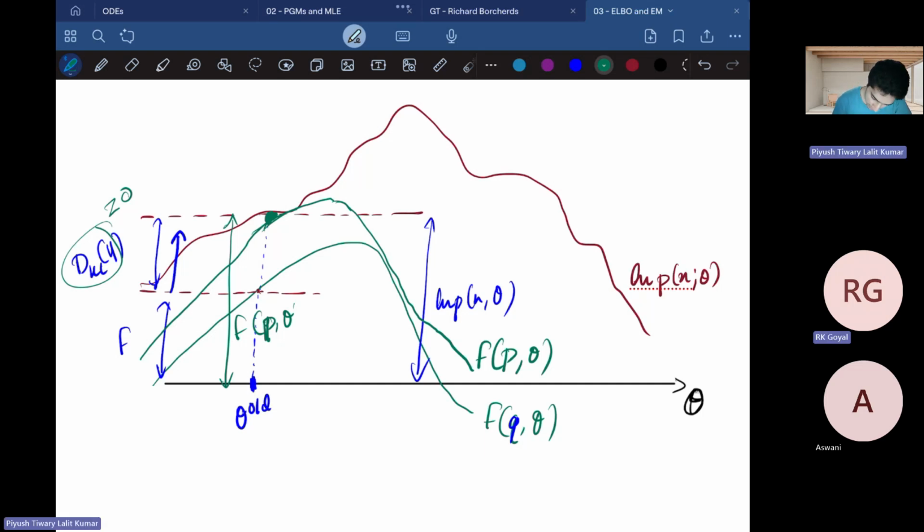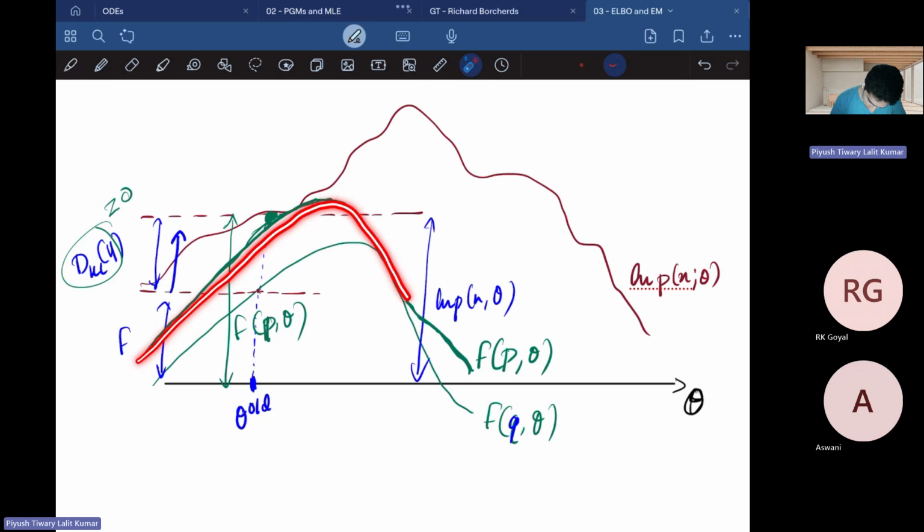Now, what is the M step doing? The M step is saying that okay, fine, now you have fixed the q. So basically fix the variational distribution, that is q of z, which is equal to p of z given x comma theta. So now this curve is fixed, because the distribution determines which curve will come.